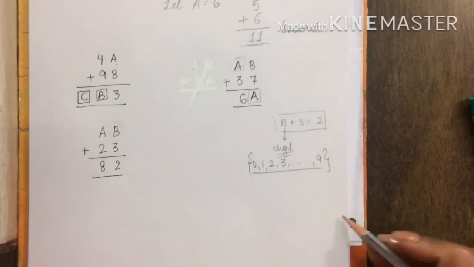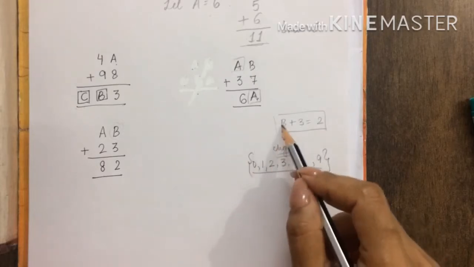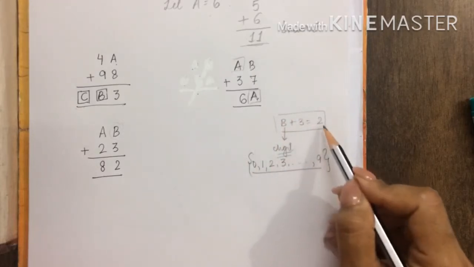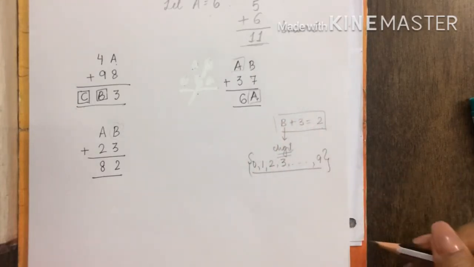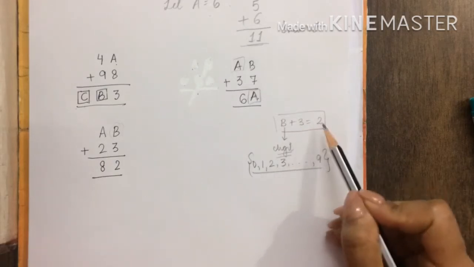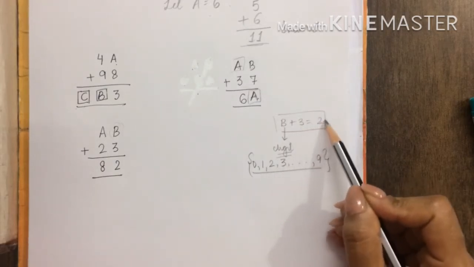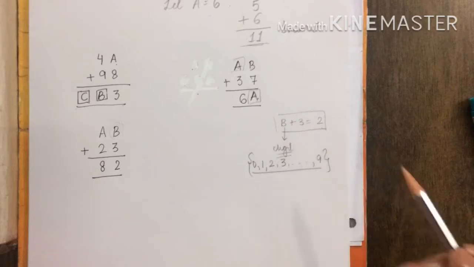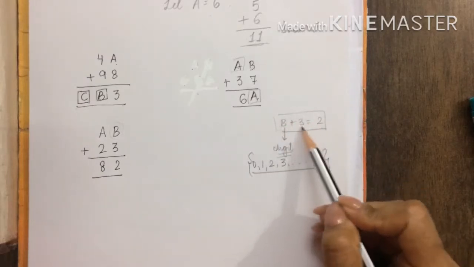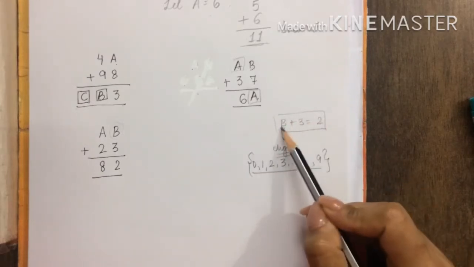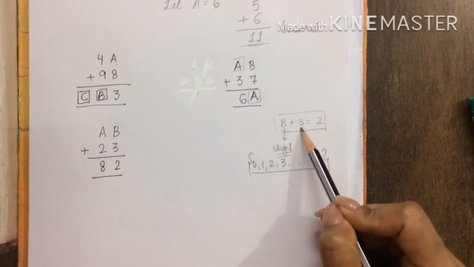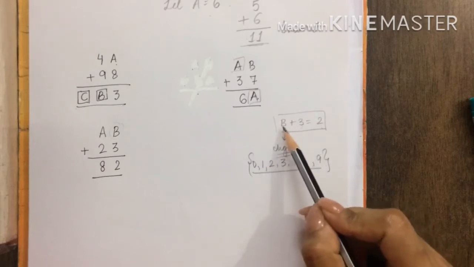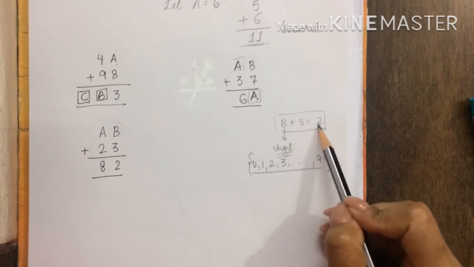There are 10 digits in all, so I have to use any one value here so that the answer comes out to be 2, which is not possible because the sum is always greater than the numbers added. The addition of these two will give a value which is greater than either of the 2 numbers here. So it is not possible to find a digit which when added with 3 gives me 2.